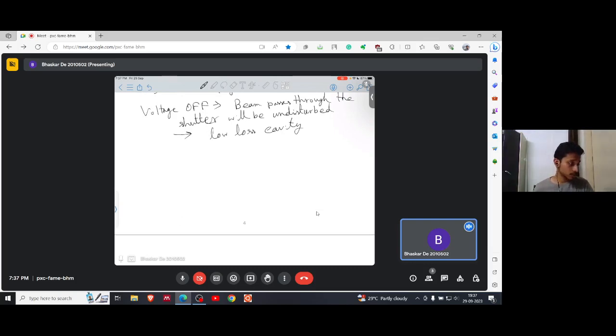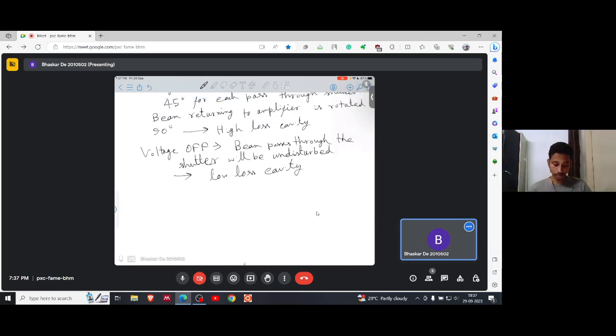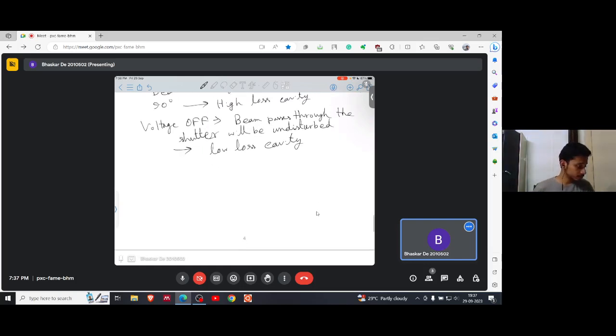Okay, so this is how the electro-optic shutter is used to change the Q loss of the cavity. So it will generate a high loss cavity when on, and it will create a low loss cavity when off.